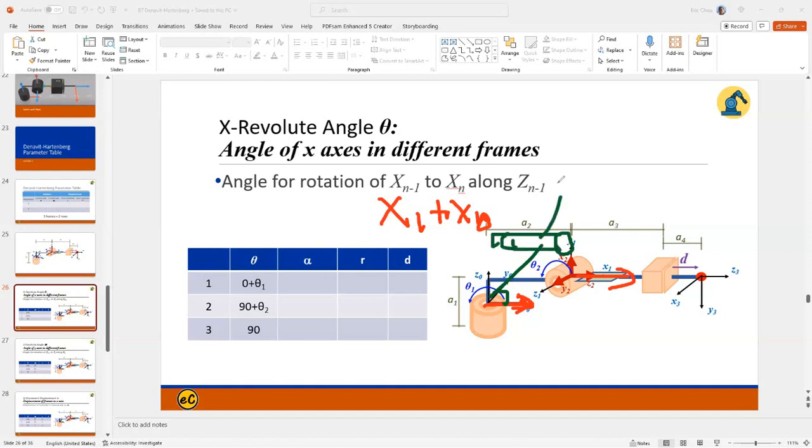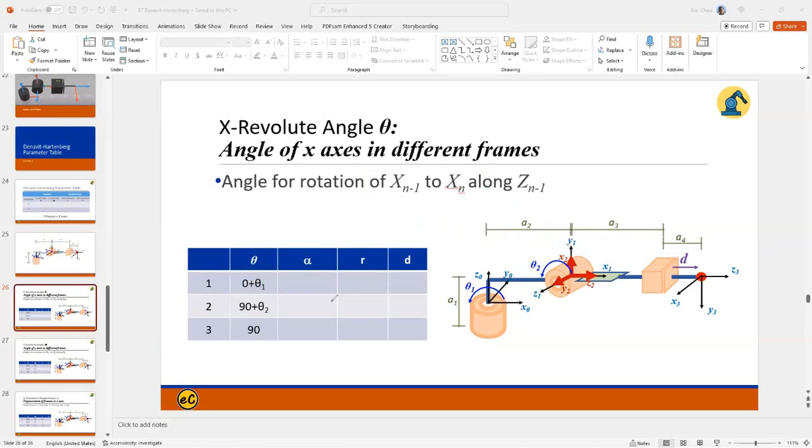So my x1 is right here. There's an angle that you go to, that's called theta. So it will be 0 plus theta 1. Basically your xn's movement is primarily caused by theta 1.